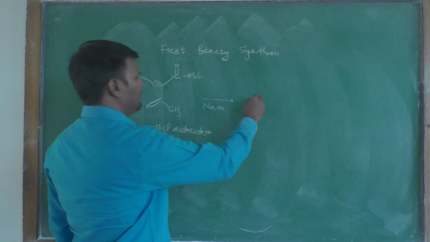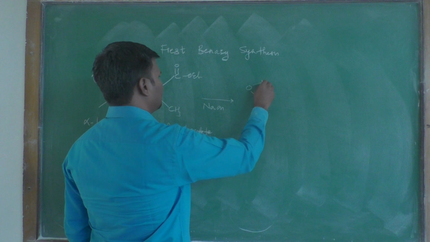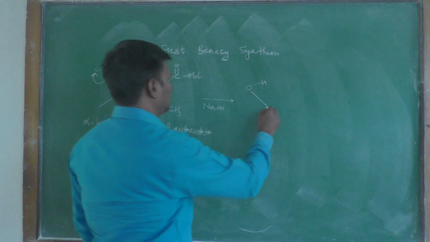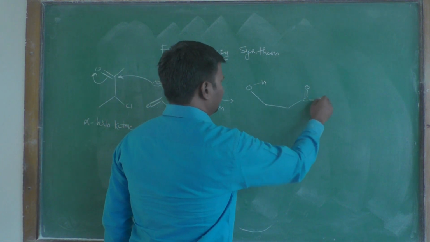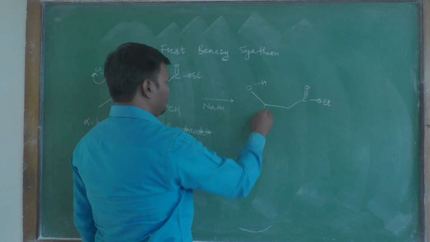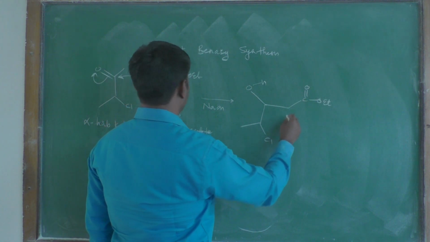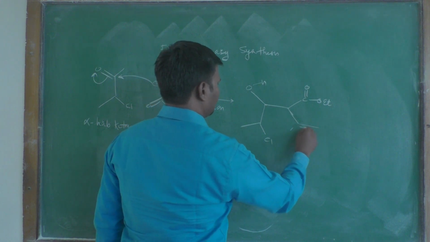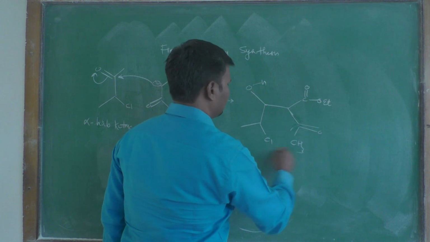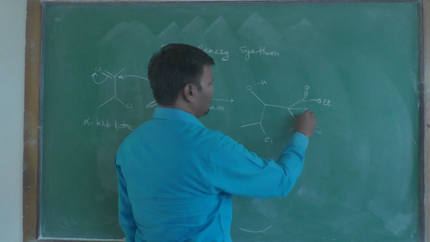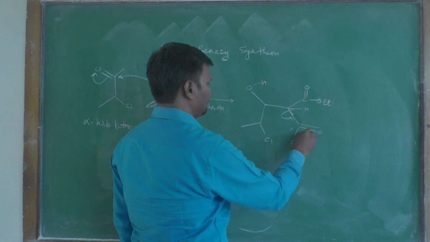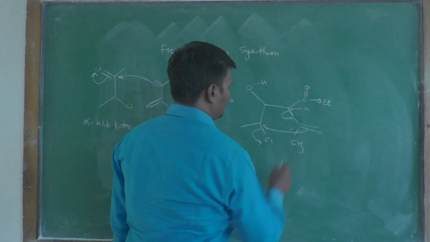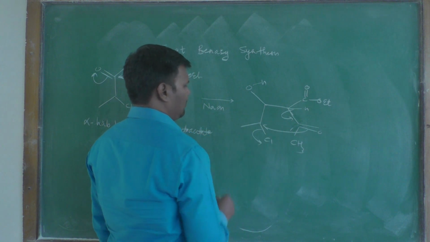Okay, that negative charge will attack on this, and you will obtain the product. This O minus will become OH. That chlorine will be removed. Okay, that will attack and this will be converted to O minus and attack on this position.